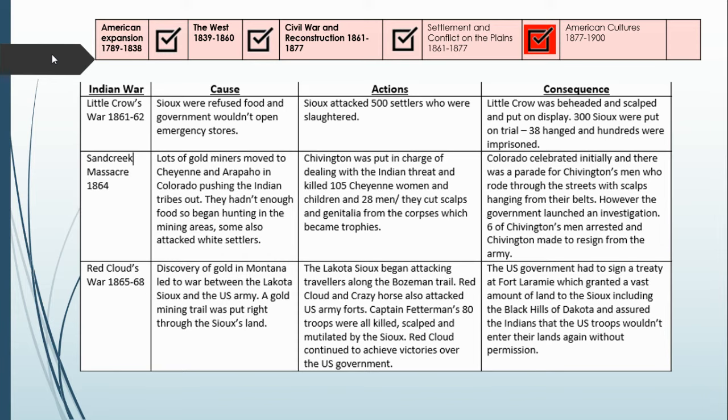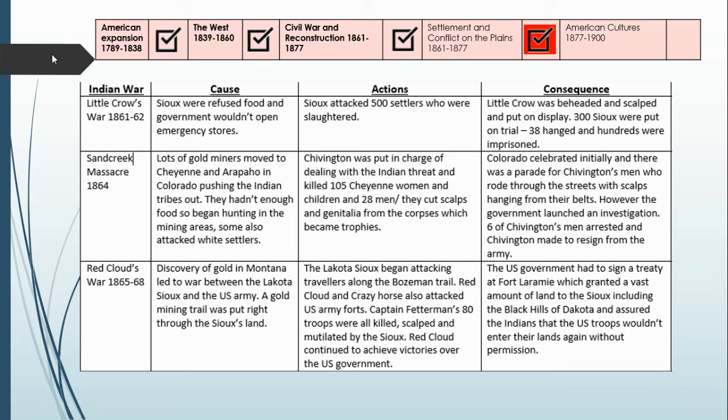So the actions, the Lakota Sioux began attacking travellers along the Bozeman Trail, which was this gold mine trail. Red Cloud and Crazy Horse, who were members of Lakota Sioux, also attacked US Army forts. So 80 troops were killed, scalped and mutilated by the Sioux. So the Sioux here are using actions that Chivington had used in the Sand Creek Massacre, so they are getting their own back essentially.